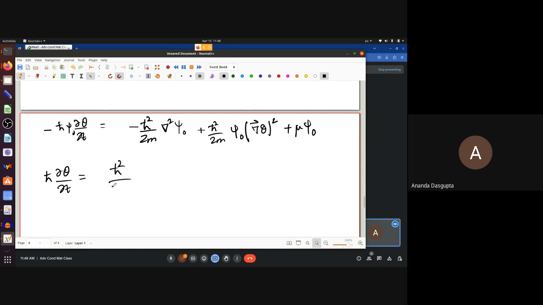What you get is h cross squared by twice m Laplacian psi 0 by psi 0. That's the only term which has psi 0 left in the whole thing after the division, that is. Okay. Sorry, I made a mistake here. These two terms should be minus, right?